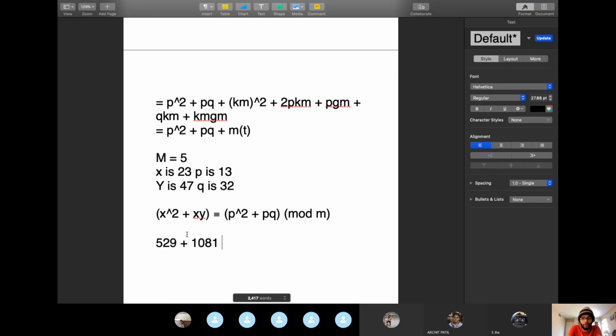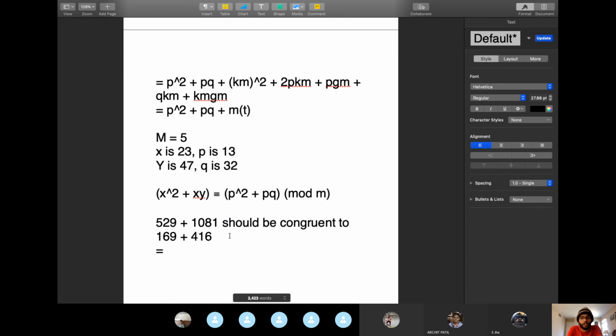Okay, should be congruent to p squared plus pq. p squared is 169. Sorry about that. p is 13. p squared plus pq. pq is 13 times 32, which is 416.